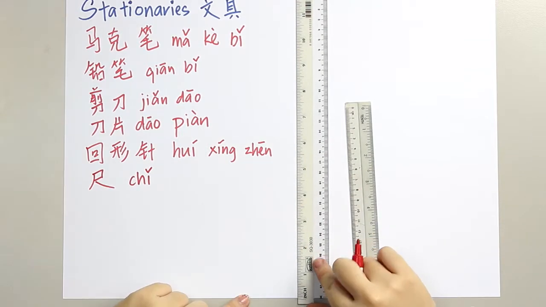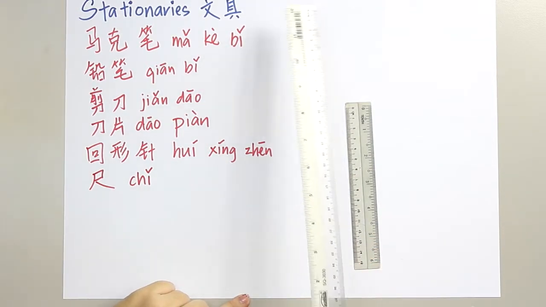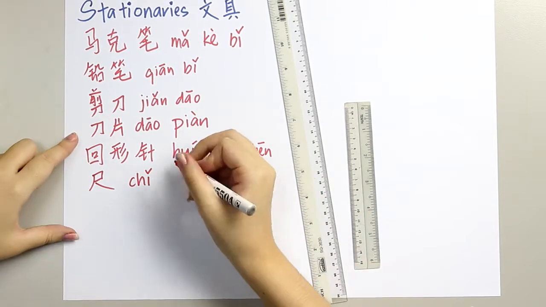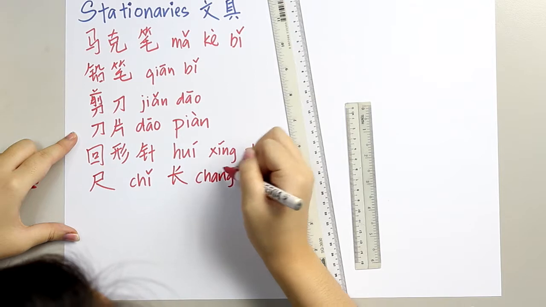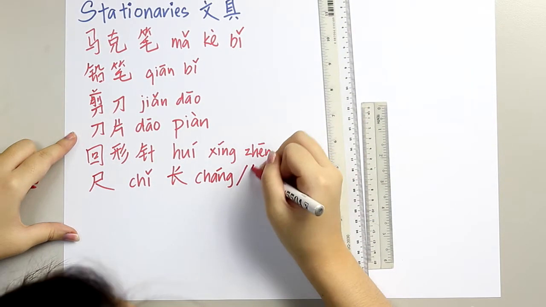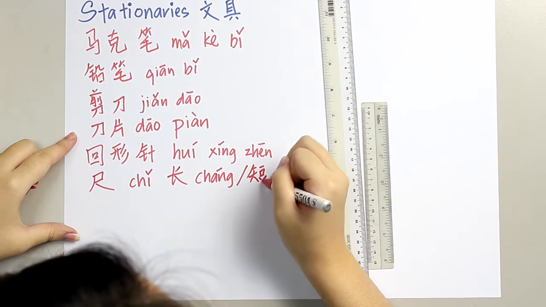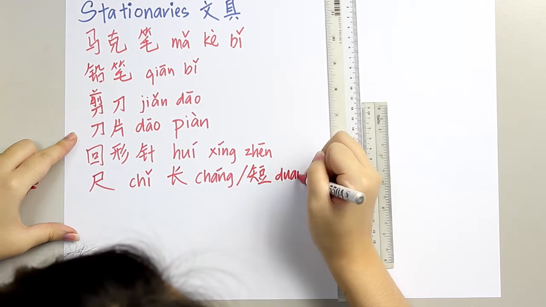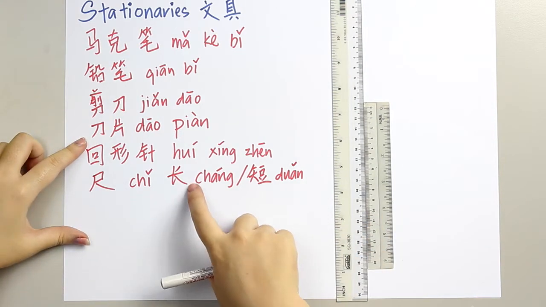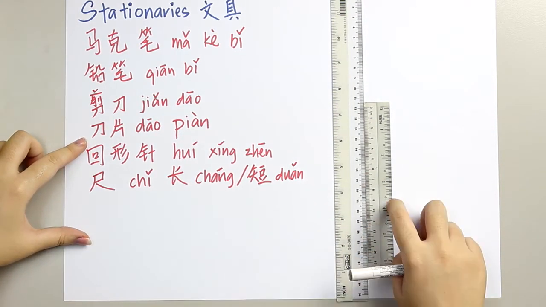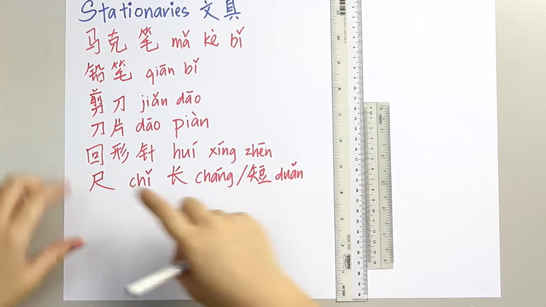If you want to say long ruler, it refers to 长, whereas short ruler is 短. So just match it up. For long ruler it is 长尺. For short ruler it is 短尺.